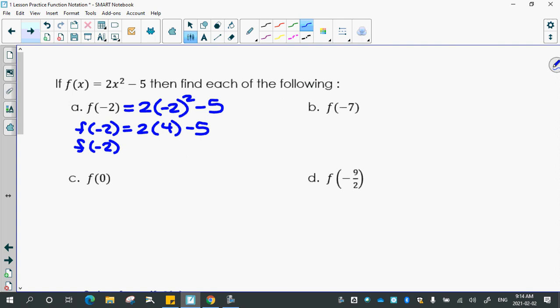Remember, whenever you square a negative, you get a positive. If you're using a calculator, make sure you can enter it into your calculator correctly. And some of you might just enter this into your calculator, like write it down and then go straight to the answer. That's fine. Okay?